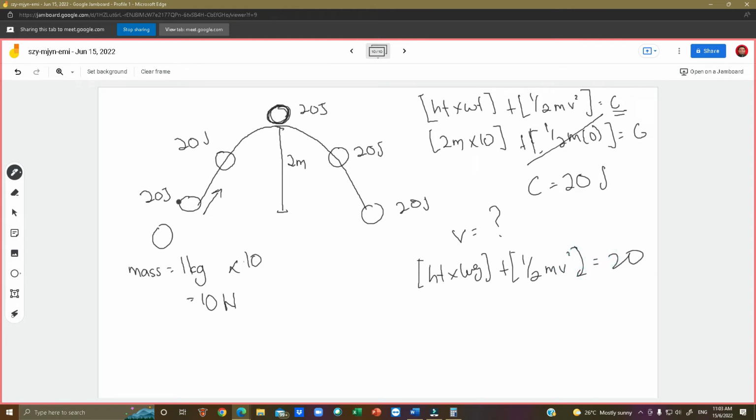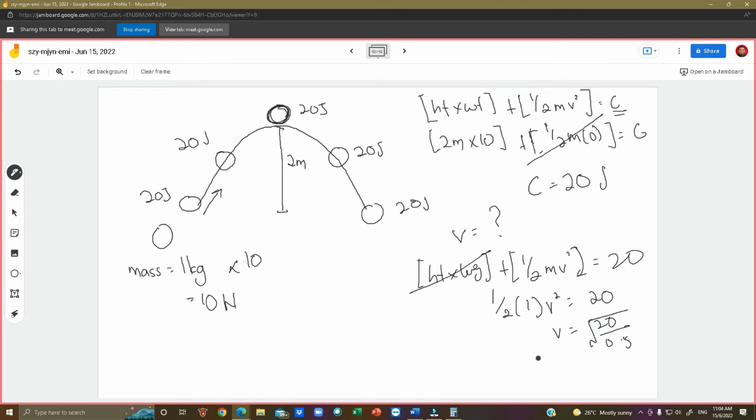So, since it is at the beginning of the projectile, there is no height. We can slash the first part of the equation. So, we are going to have half times 1 v square equals to 20. So, v equals to berapa? 20 bahagi dengan setengah. Okay, kuasa 2.